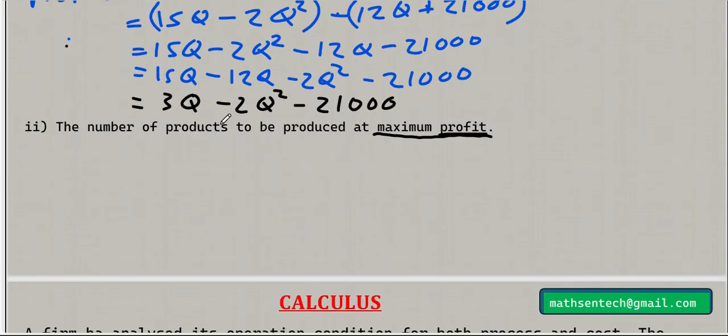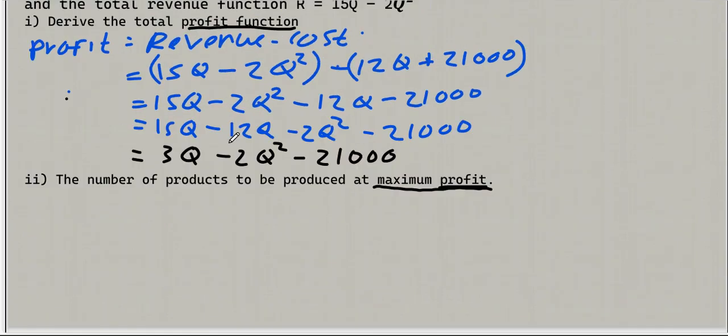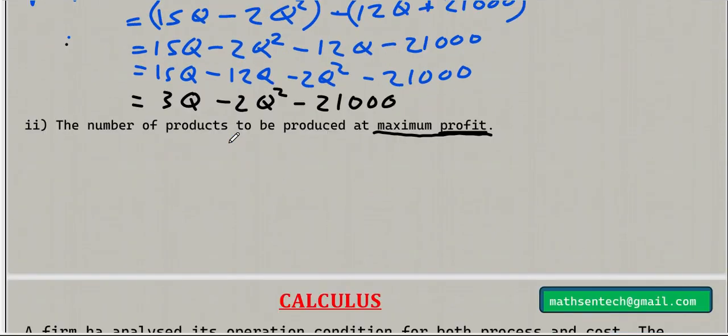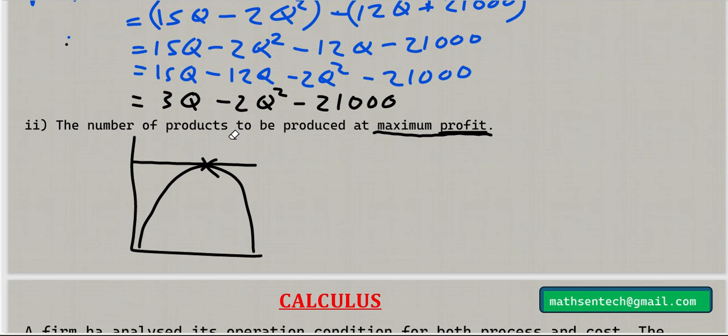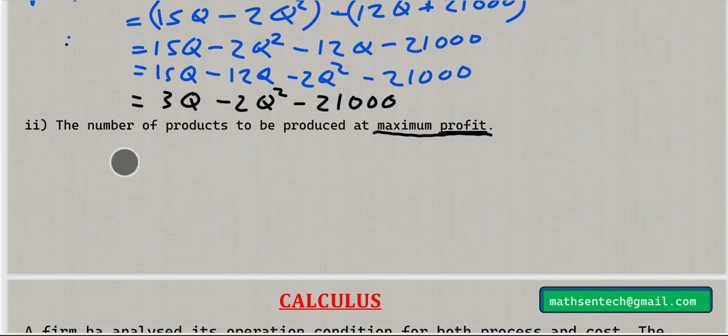On turning points, what did we say? At maximum, remember maxima and minima, where we had a graph like this, and we were saying this is your maximum point. At maximum point the gradient is 0. So how do we get the gradient of a curve? By differentiating. That means we need to differentiate and then equate it to 0. That's what we are in essence doing.